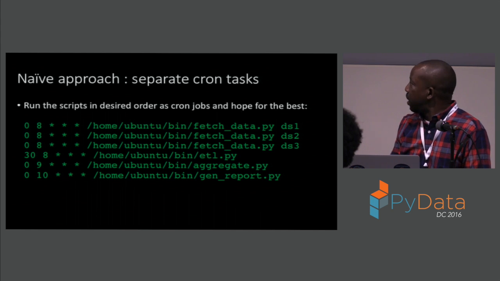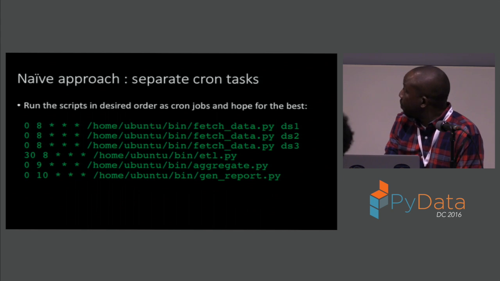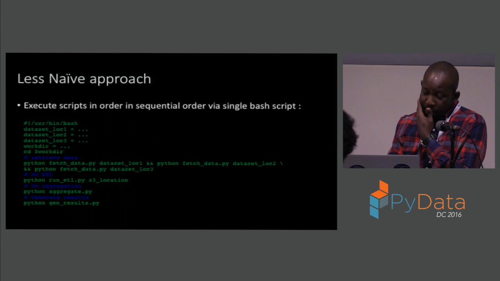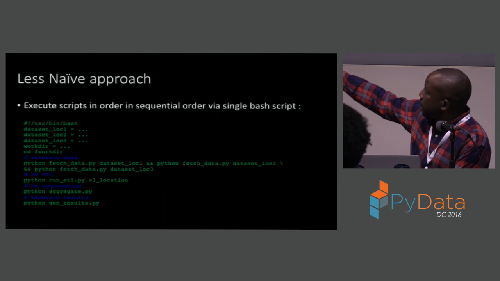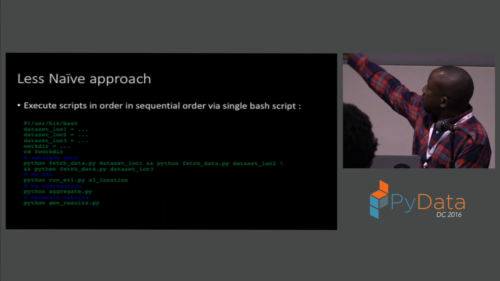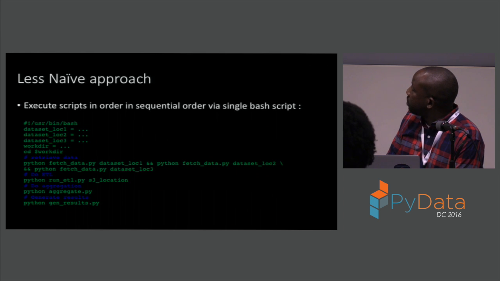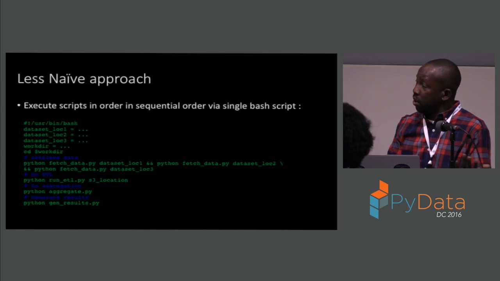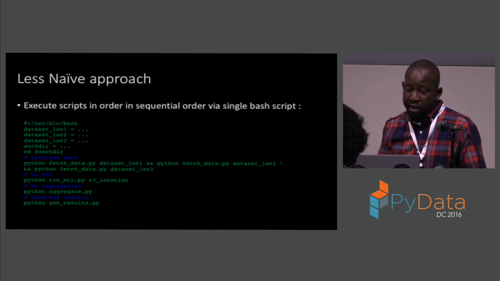So we think about it and we adopt a less naive approach and we wrap all of this in a bash script, right? So the bash script would look like the following, and basically here we guarantee that the scripts will be executed in sequential order, right? And each step will complete before the next one starts.